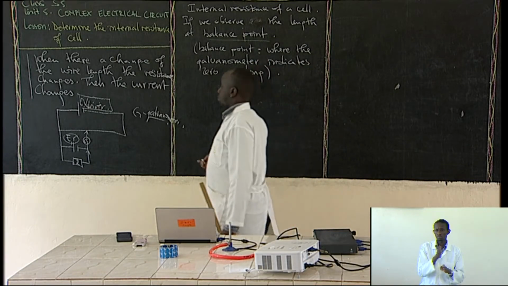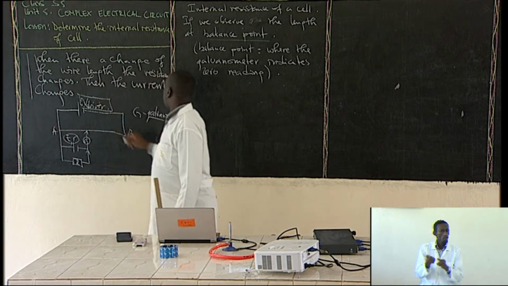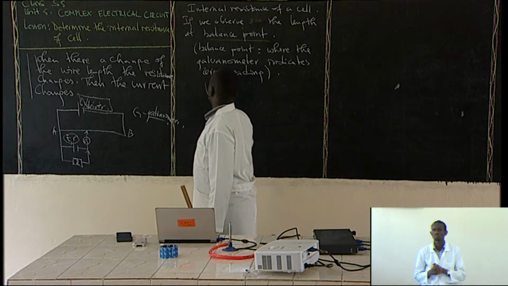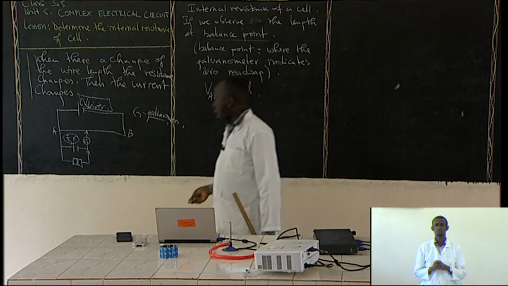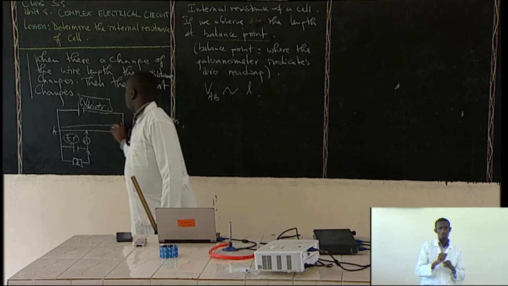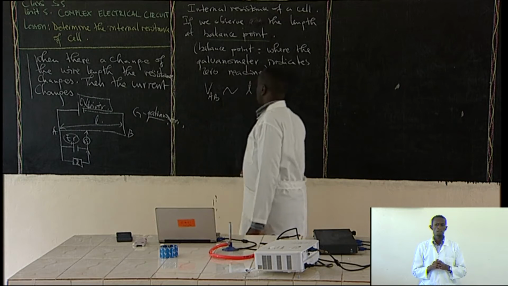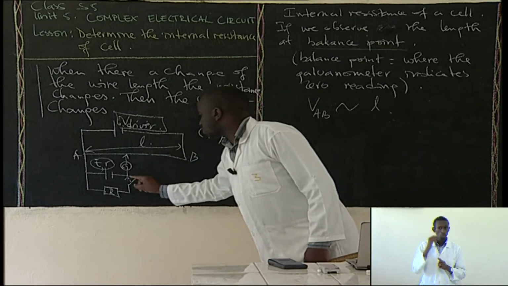So at variance point here, if you have the point AB, in other words, the VAB is approximately equal to L. So if we have from here to this point, we have L, right? So then remember, what is here? It is a switch.